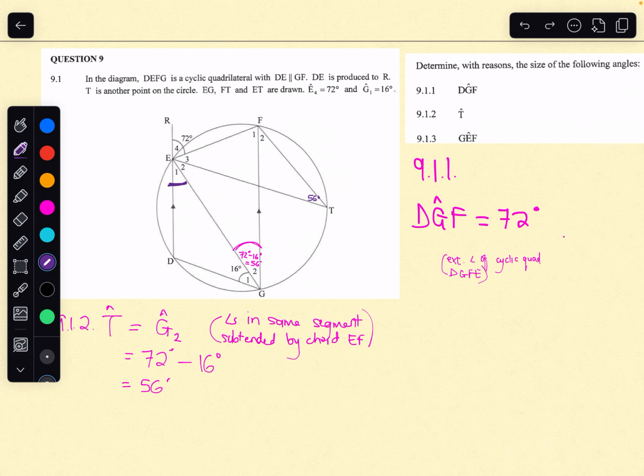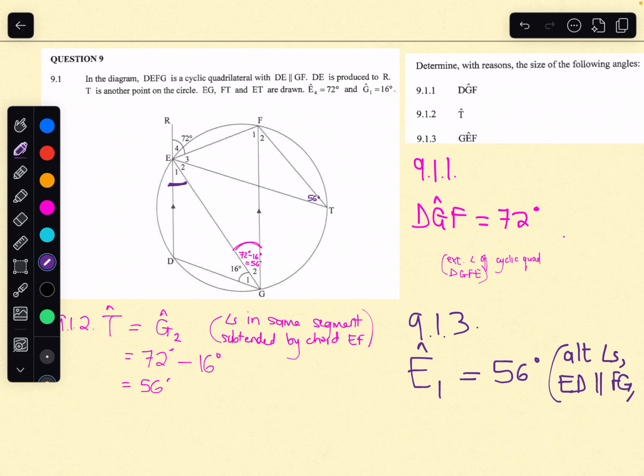So 9.1.3, angle E1 is equal to 56 degrees, and that's because of alternate angles on the parallel lines ED and FG. Okay, so now we know that that's 56.